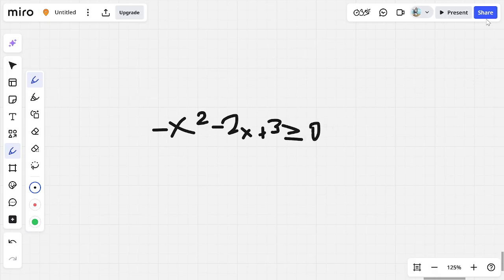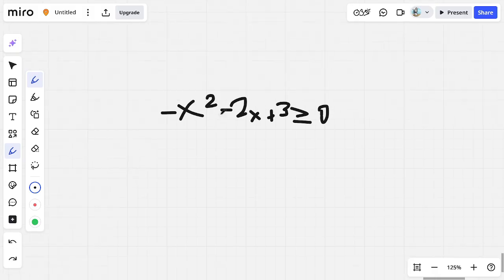When you see that the coefficient of the quadratic term, x squared, is negative, a thing you could do is multiply both sides by negative 1.